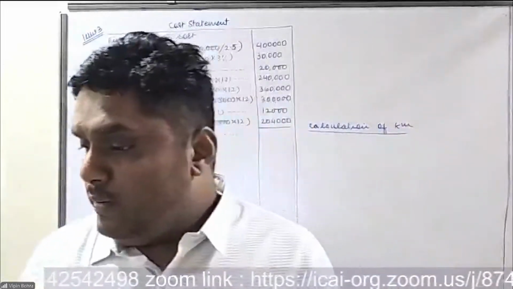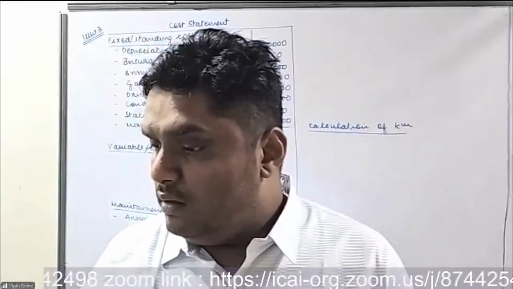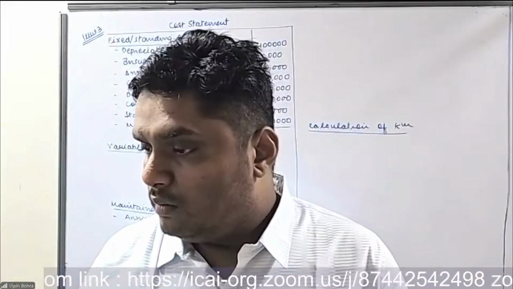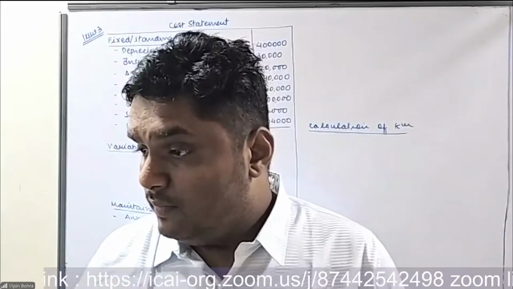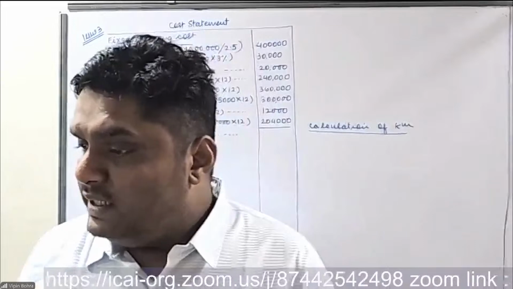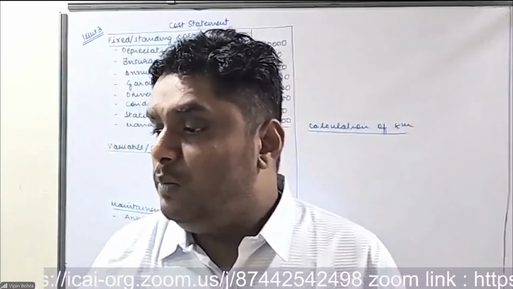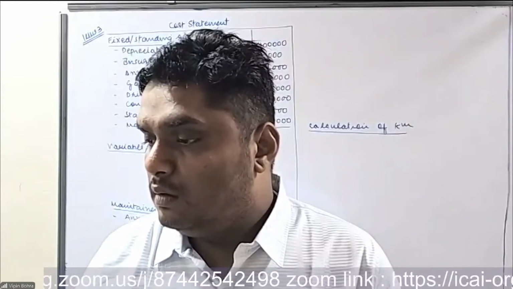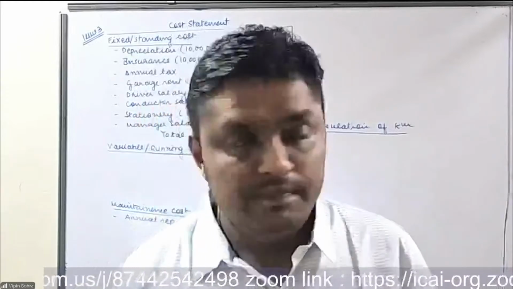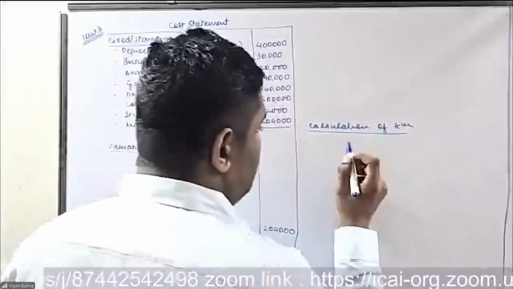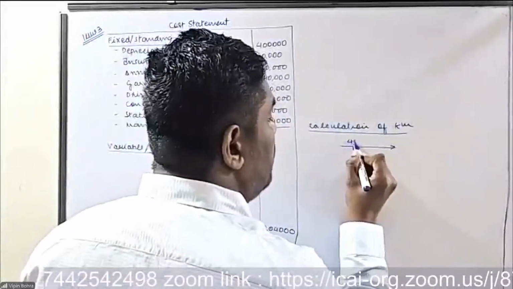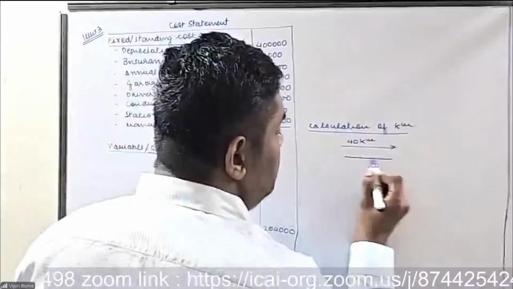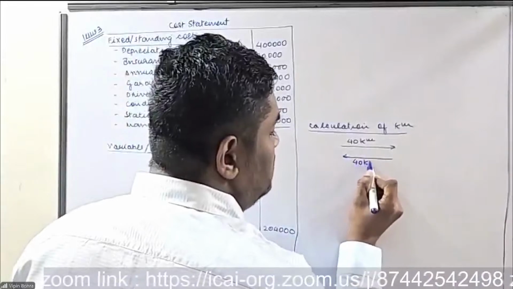So herein, when talking about the distance traveled, it is given that the ABC Transport Company has given a route of 40-kilometer long to run a bus. So 40 kilometers one way.